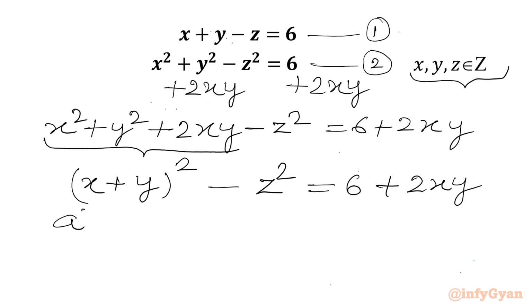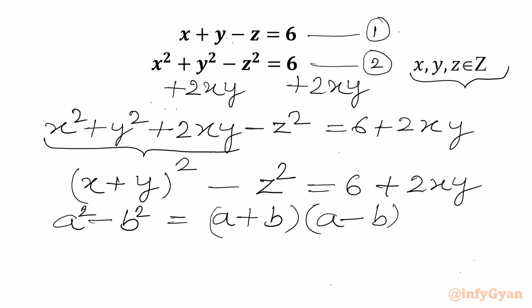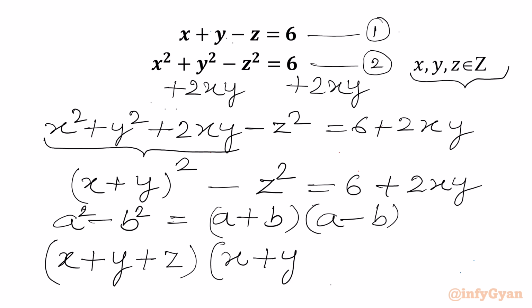Now we know the formula of difference of two squares. We can apply in our LHS. A square minus b square is a plus b times a minus b. So we will get x plus y plus z times x plus y minus z equal to 6 plus 2 times xy.